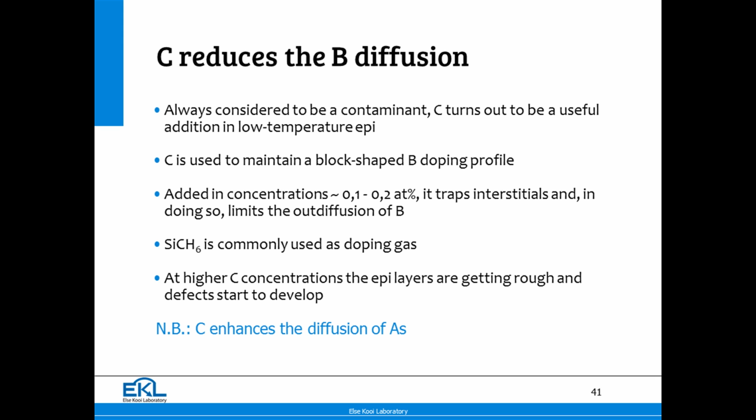Added at a concentration of 0.1 to 2 atomic percent, it traps interstitials, and in doing so, it limits the out-diffusion of boron. And we do that with methylsilane. If you use too much carbon at high concentration, the epi layers are getting rough and defects start to develop. But it is very nice to be able to control the out-diffusion of boron.